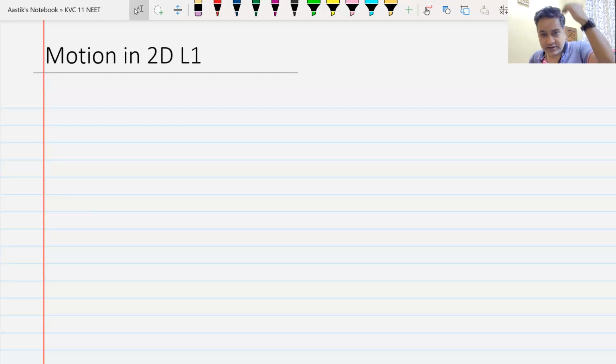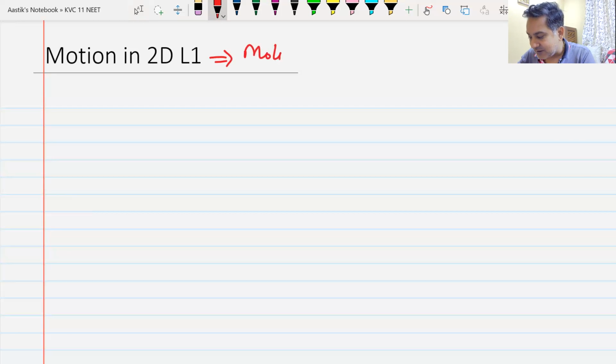So the particle would be moving along the x-axis and along the y-axis. In short, the particle will be moving in a plane. So motion in 2D is better known as motion in a plane.